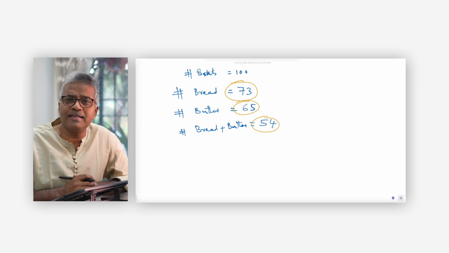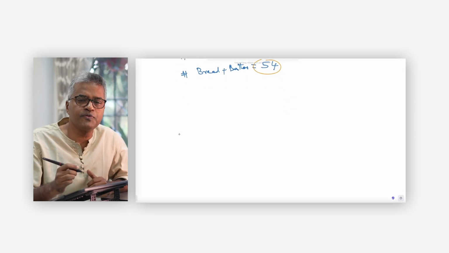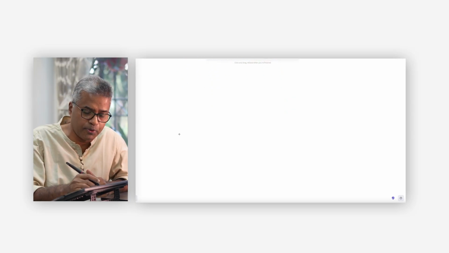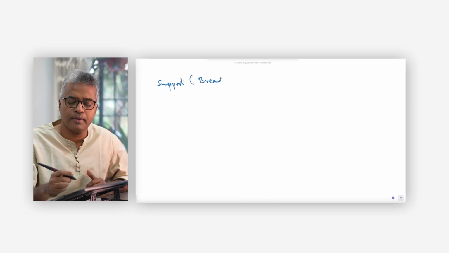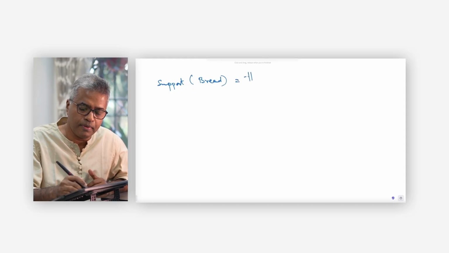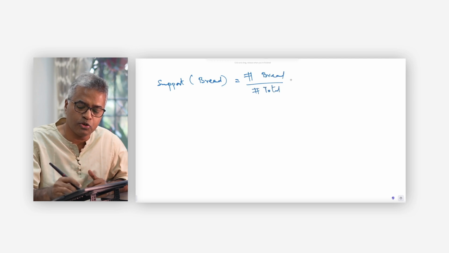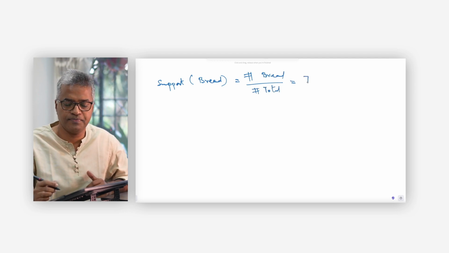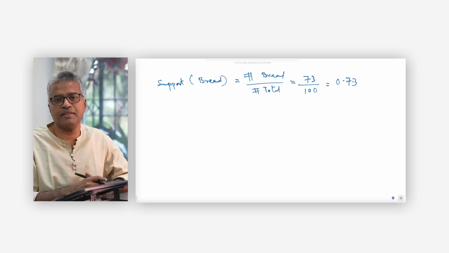In market basket analysis, basically we use three different metrics. First one is called the support. The support of bread is equal to the number of baskets with bread divided by the total number of baskets. Therefore, this is 73 divided by 100, that is equal to 0.73.